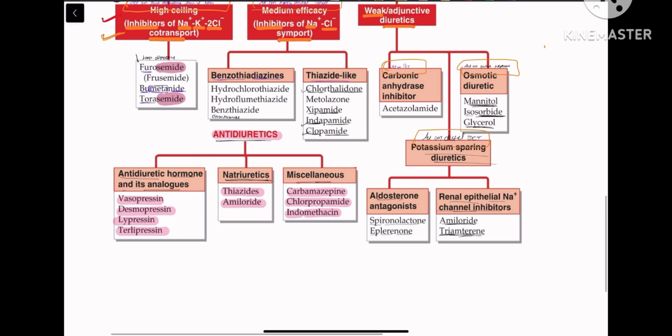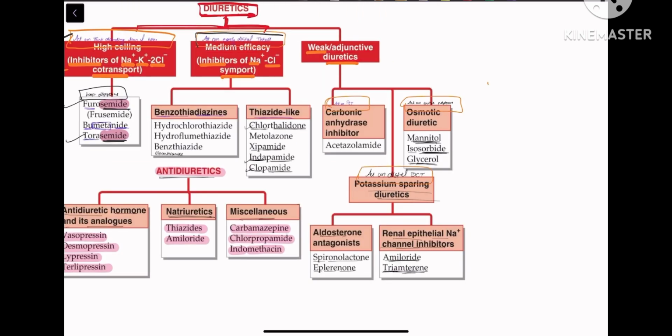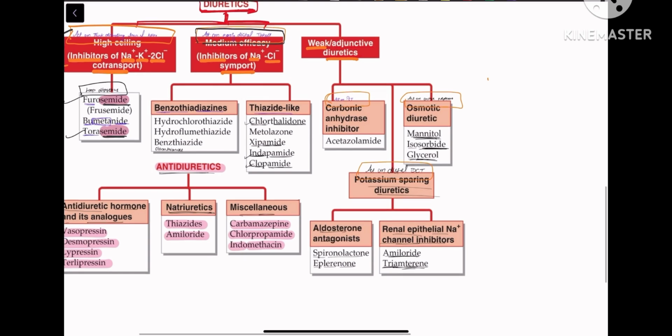Now come to the diuretics that act on the thick part of the loop of Henle. They are also called loop diuretics, and the examples are furosemide and torsemide, so we can easily remember the word semide. The next diuretics work on the distal part of the nephron.